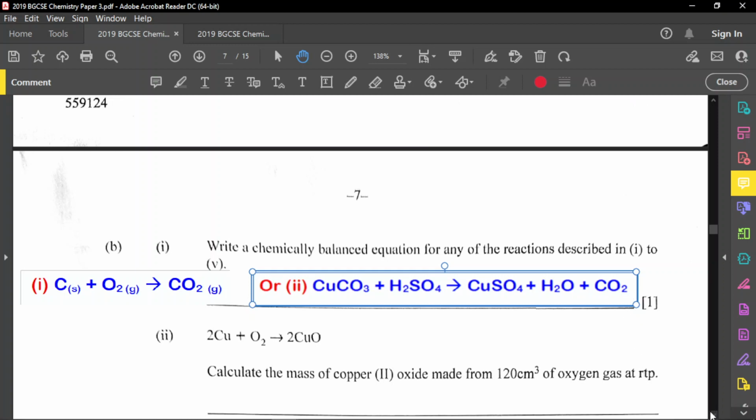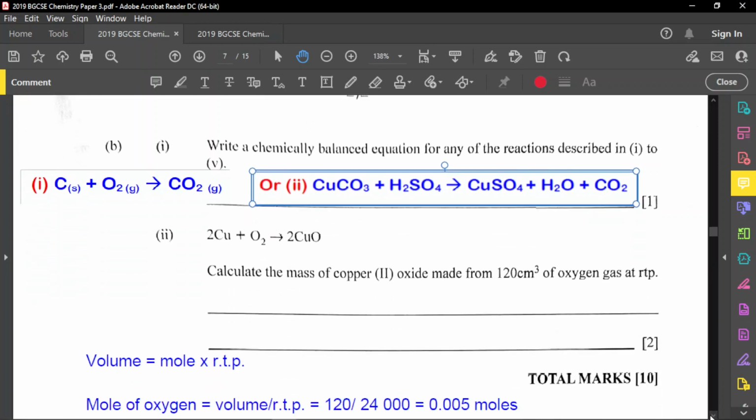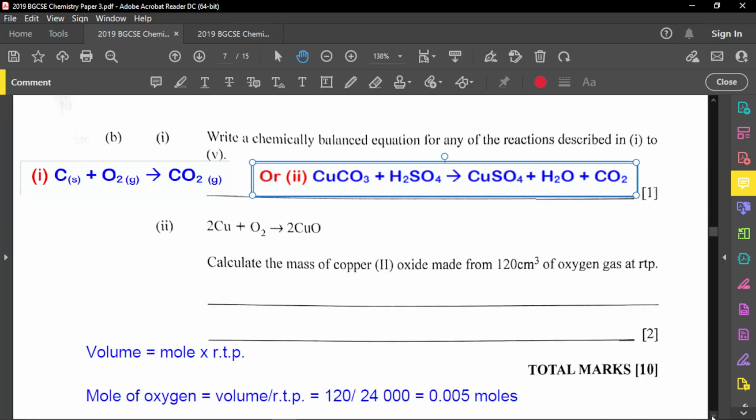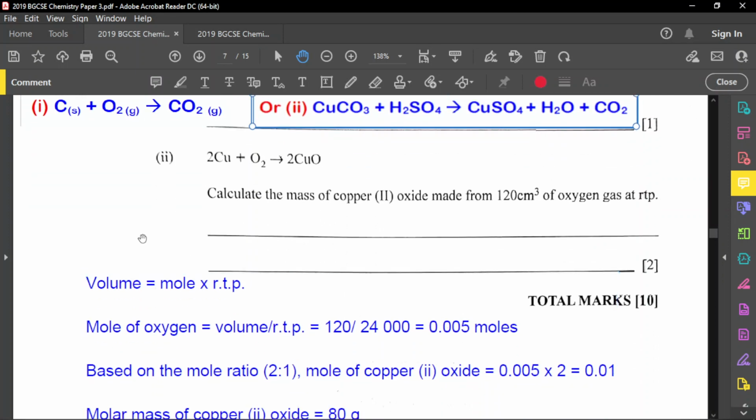All right. Now for the next equation: 2 moles of copper react with oxygen gas to produce 2 moles of copper oxide. Calculate the mass of copper 2 oxide made from 120 cm³ of oxygen gas at RTP. The first thing I'm going to do is make a note that volume is equal to mole times the condition, and the condition we're working with here is RTP.